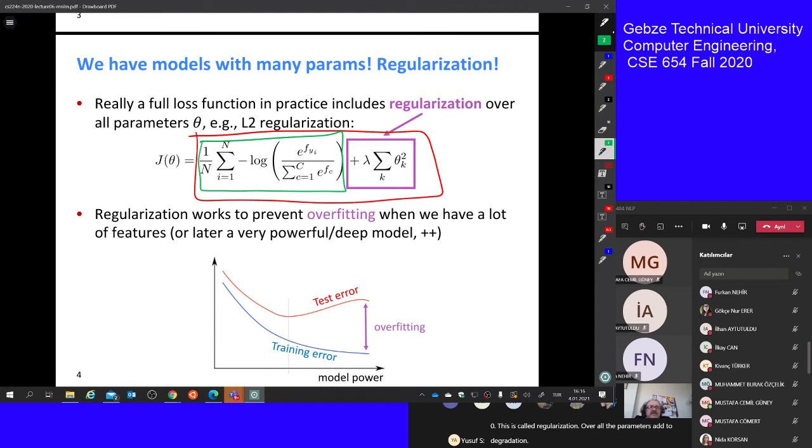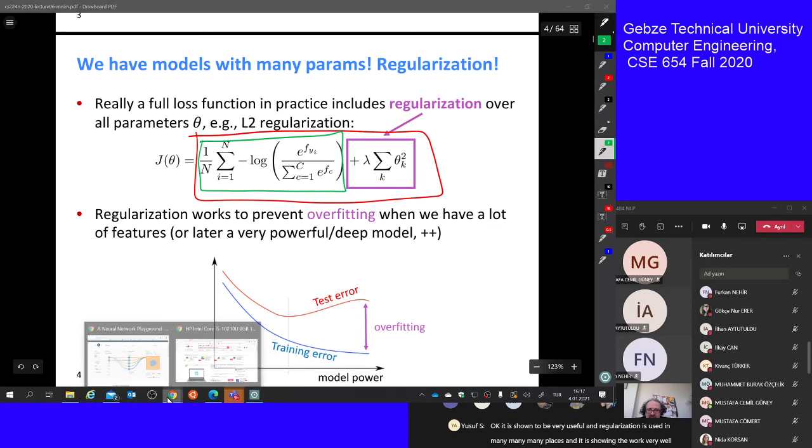This regularization constrains your parameter space so that you don't overfit to your training data. It is shown to be very useful, and regularization is used in many places and is shown to work very well.